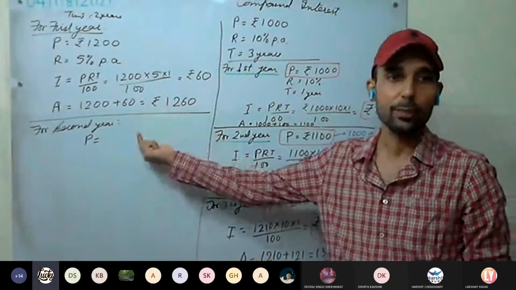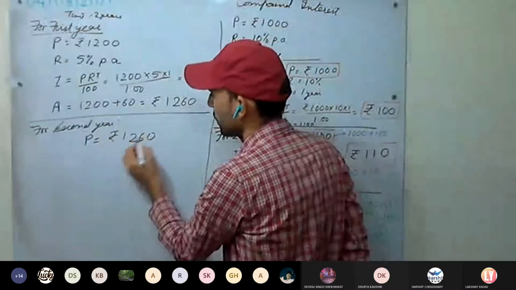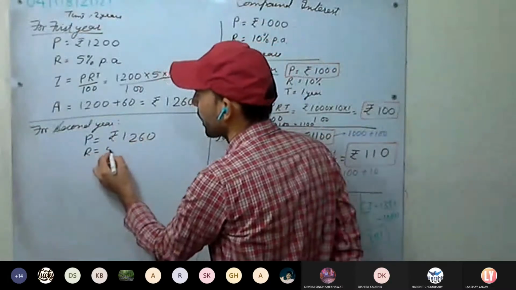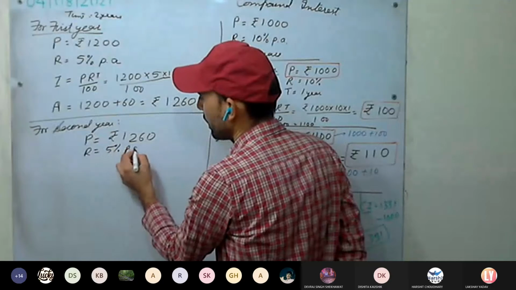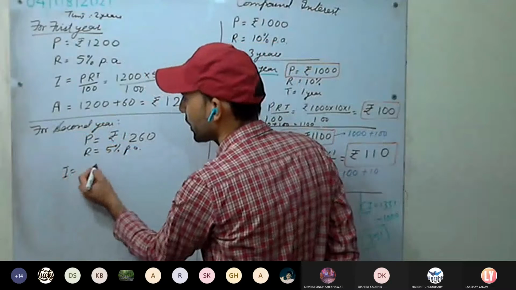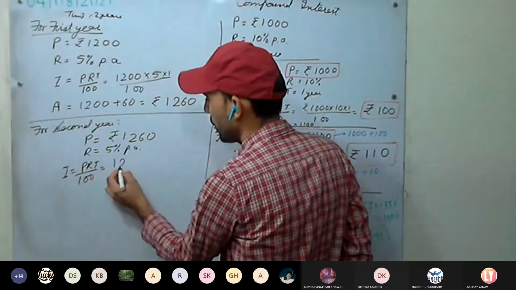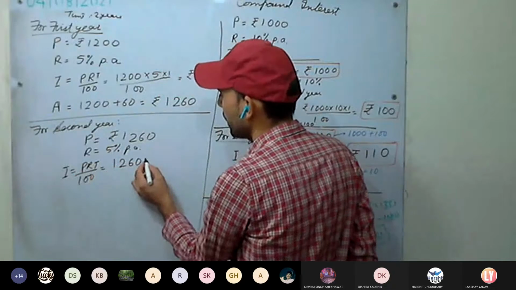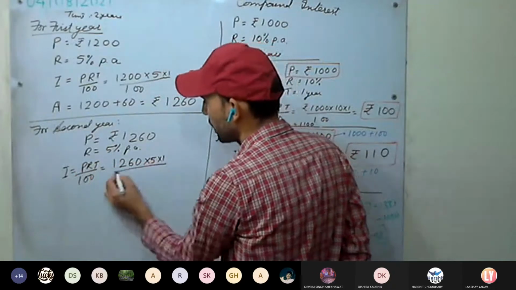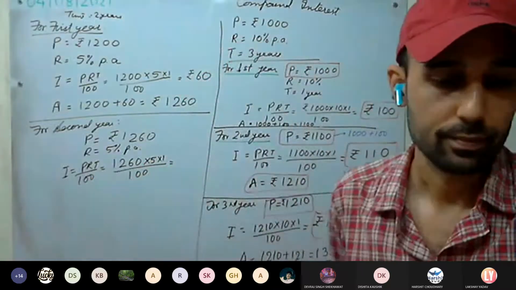Amount for the first year will be principal for the second year. ₹1260. Rate is same, 5% per annum. For the second year, time is 1 year. I equals PRT upon 100. 1,260 into 5 into 1 divided by 100. Calculate and tell me.